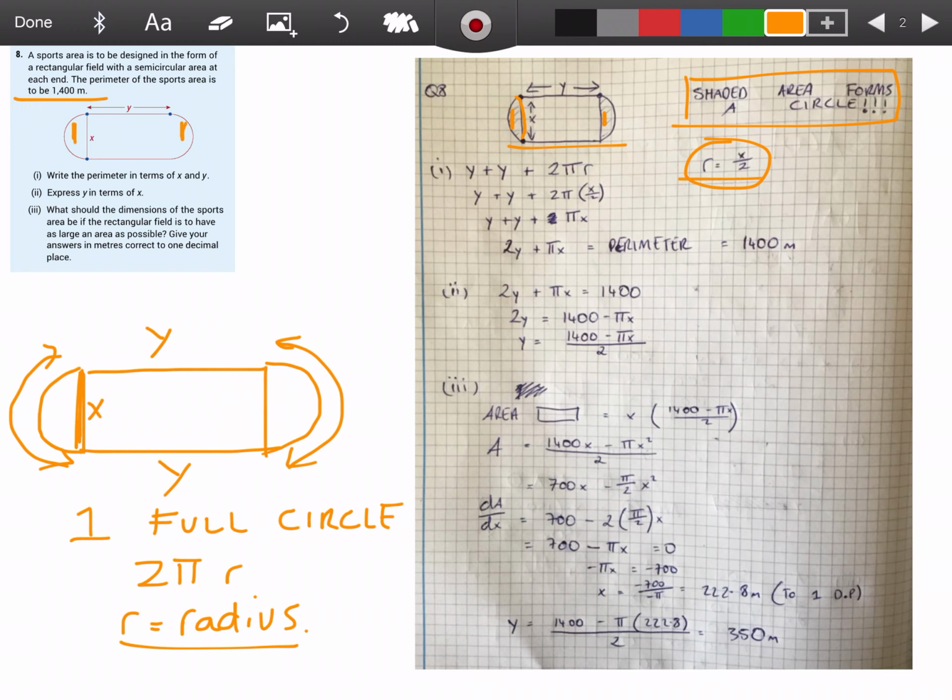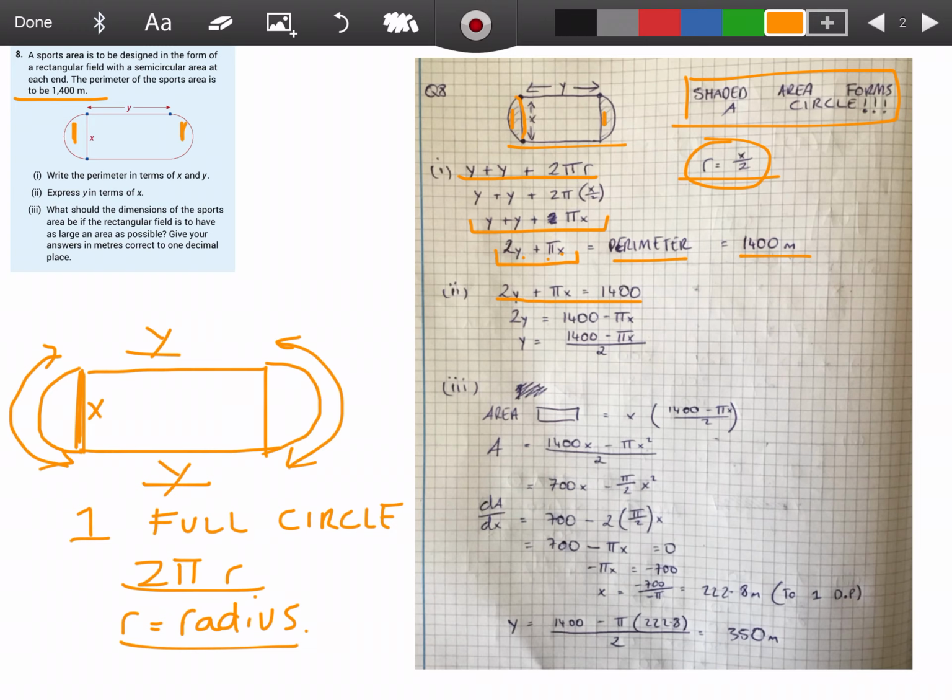So you can see that I've got 2y plus 2 pi r, and I have that written there. Now r is x over 2, so I'll fill that in. I end up with this, and then I simplify it, so I know that 2y plus pi x is equal to my perimeter, which is 1400 meters. So I can write 2y plus pi x is equal to 1400.